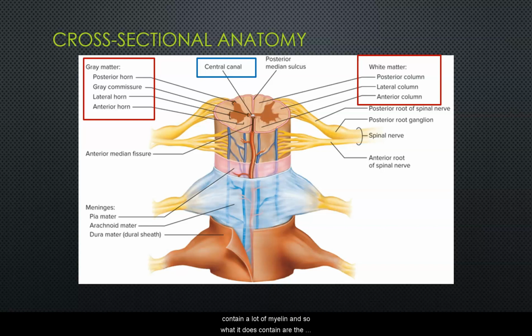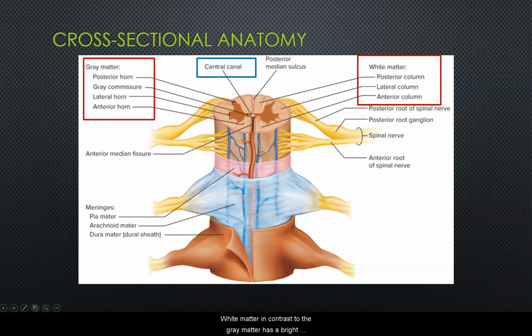And so what it does contain are the somas, dendrites, and other proximal parts of the axons of neurons. Gray matter is the site of synaptic contact between neurons, and therefore the gray matter is the site of all neural integration in the spinal cord.